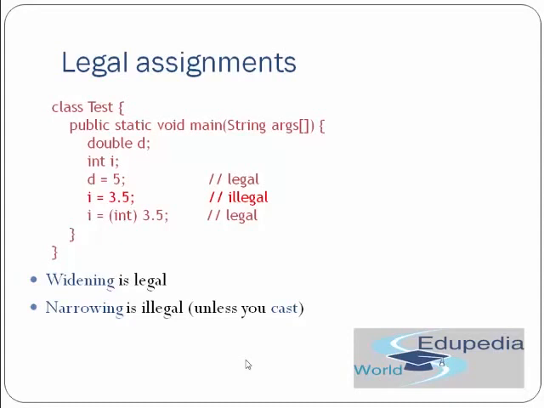Then I do d = 5 and i = 3.5. When I do d = 5, it's legal because a double can take an integer value. But when we try to assign a floating point value to an integer, it will give us an error. It won't be legal. To make it legal, we need to cast it. So widening is legal and narrowing is illegal. I hope you have got the concept.